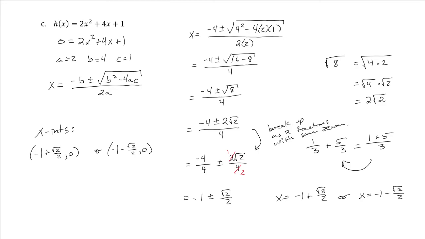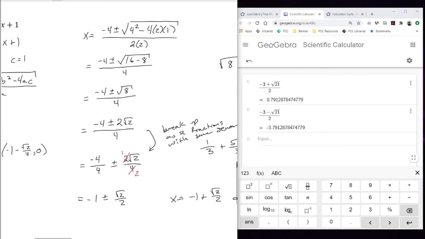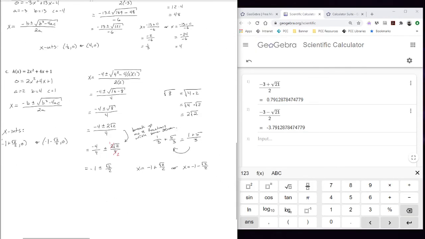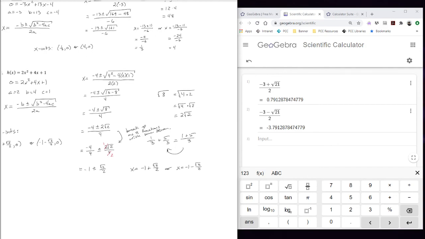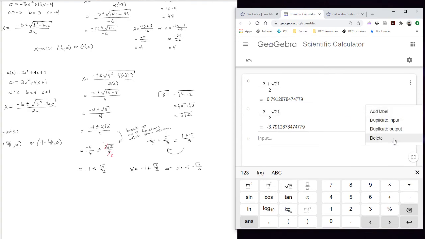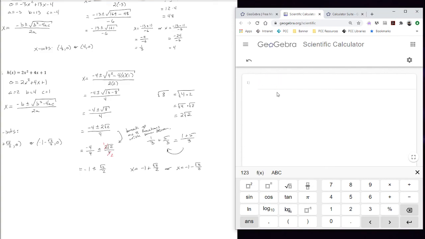We'll go ahead and get some approximations of these values here so that we would be able to graph them if that was our goal, and it will be in the future here. So let's just delete these previous ones. All we want is negative 1 plus a fraction, and on top we'll have the square root of 2, on the bottom a 2.